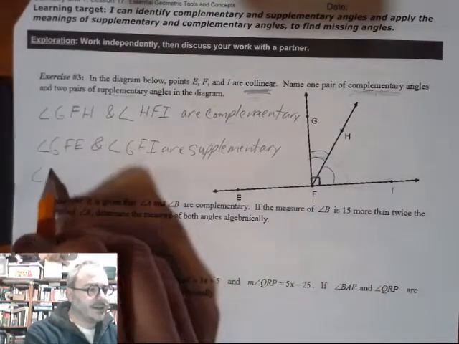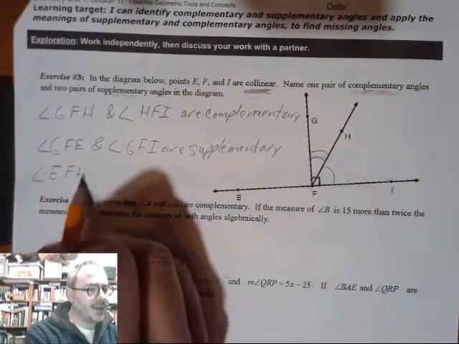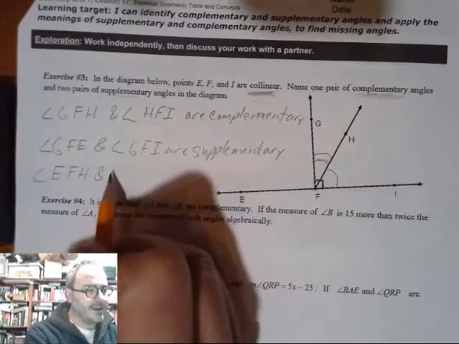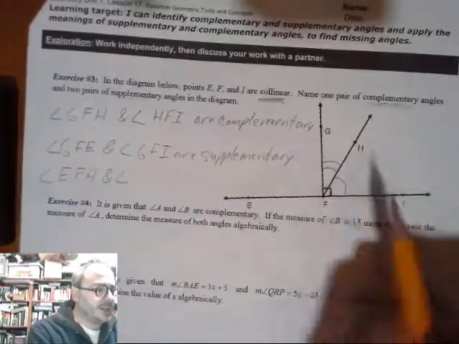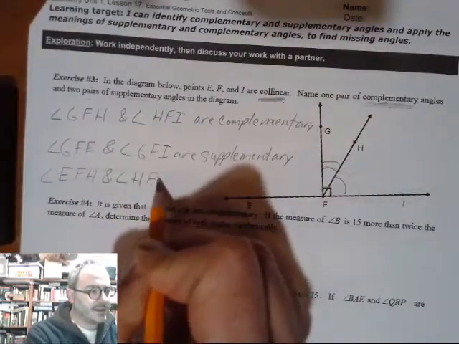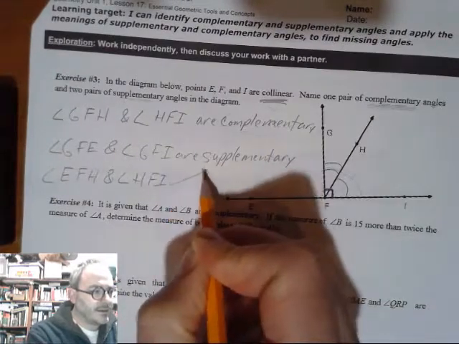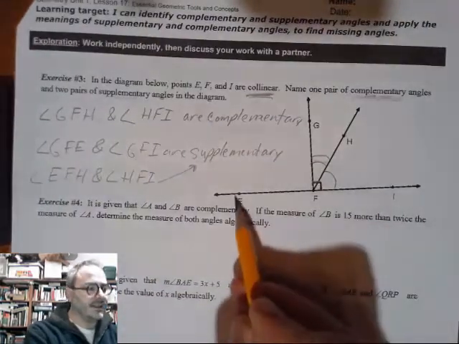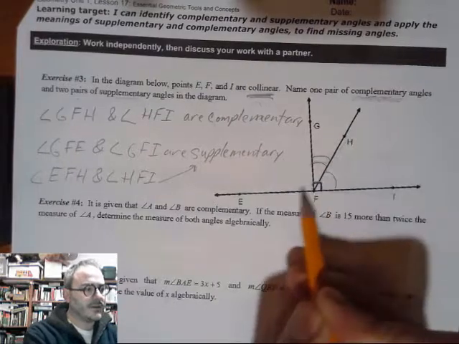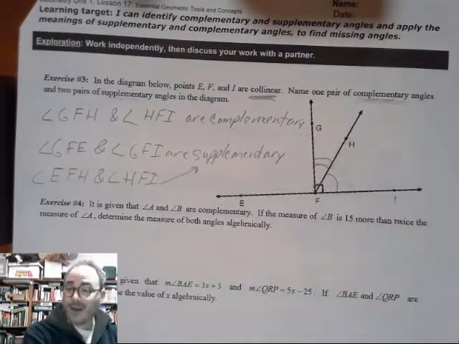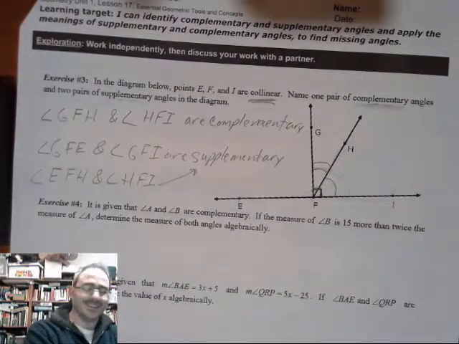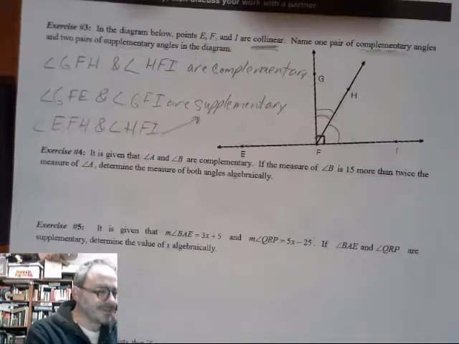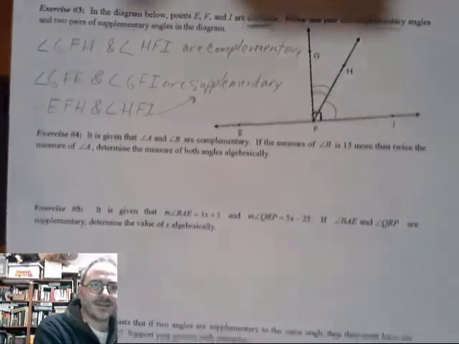Angle EFH and angle HFI. All right, you see that? This piece here and this piece here. They will also add up to 180. Very good. All right. So pause the video if you need to copy any of that down.